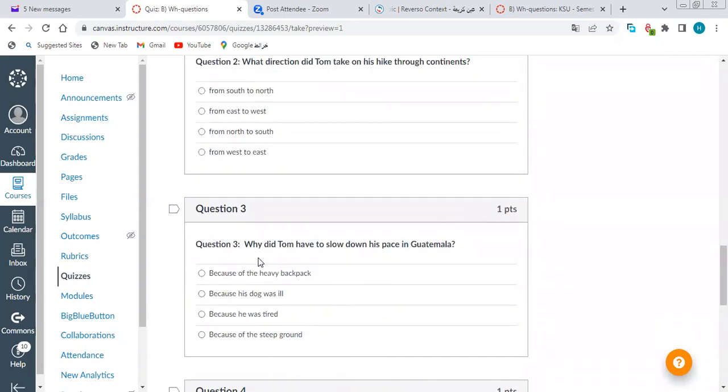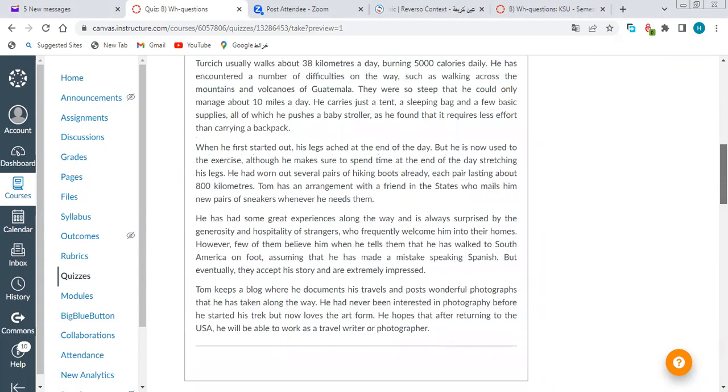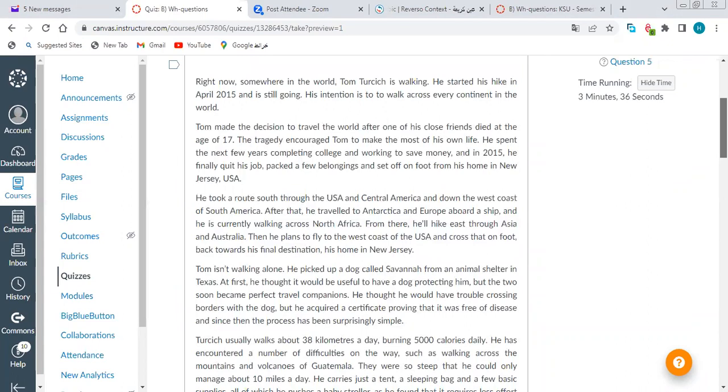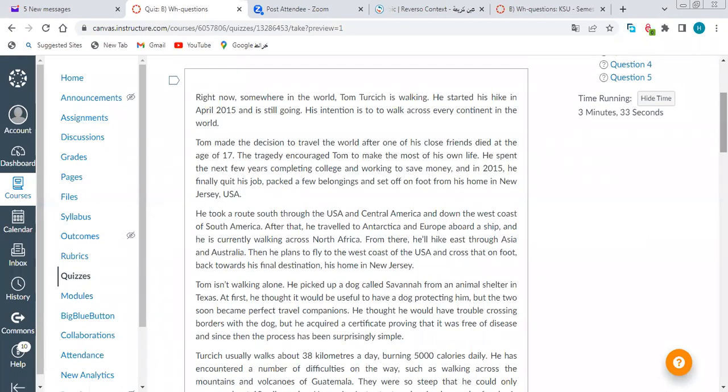Again, show the answer here, from west to east. If we go back to paragraph 3, here I say what? He took a route south through the USA and Central America and down the west coast of South America.